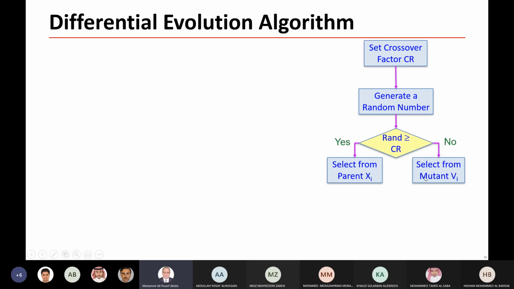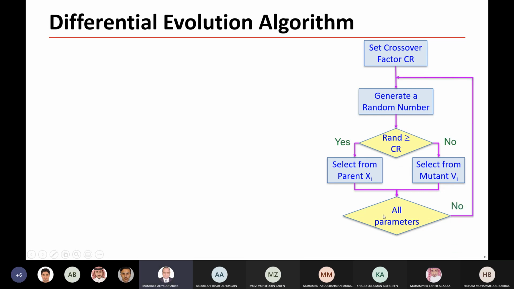If it is lower, you select from the mutant vector, and then you go for the other parameters. You loop until you finish all the parameters in the vector. Okay, and then you can go to the next vector.